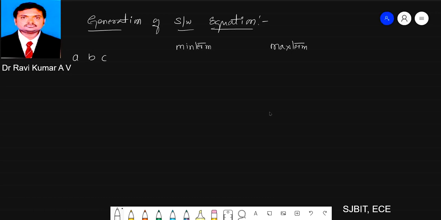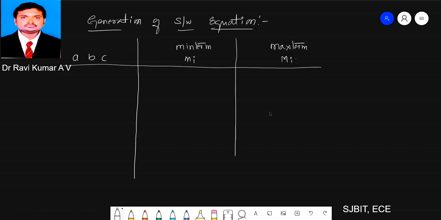Min term I am representing with small m, max term with capital M. So let me take the combinations for all the variables: 000, 001, 010, 011, 100, 101, 110, 111. So these are the combinations.